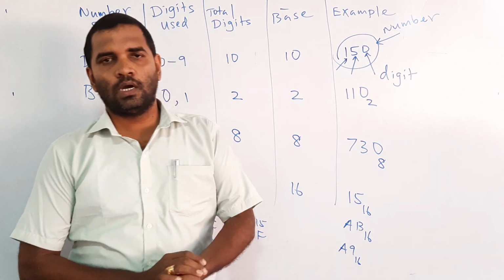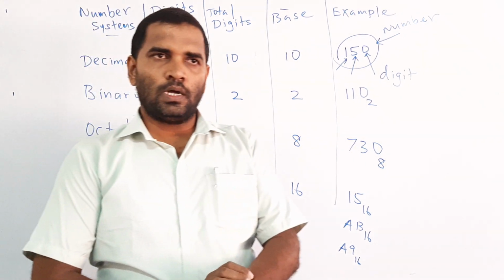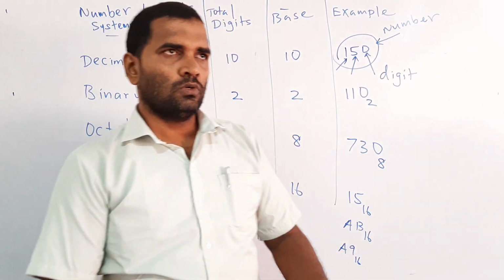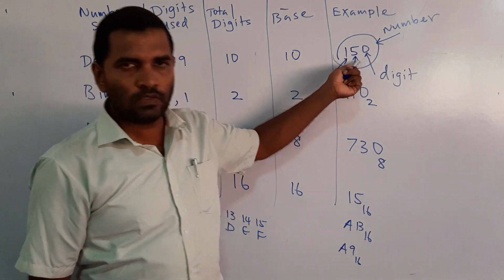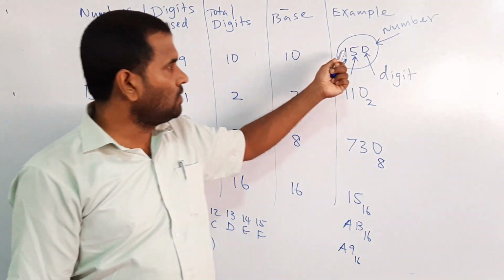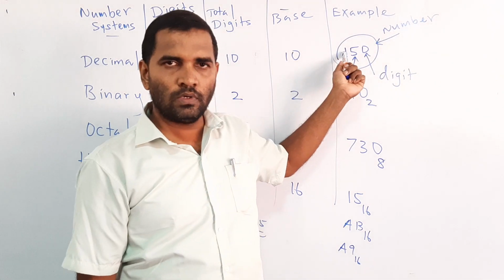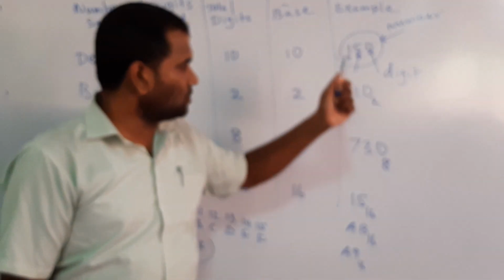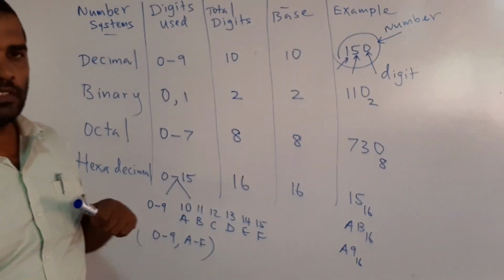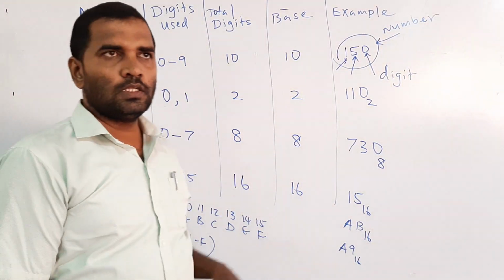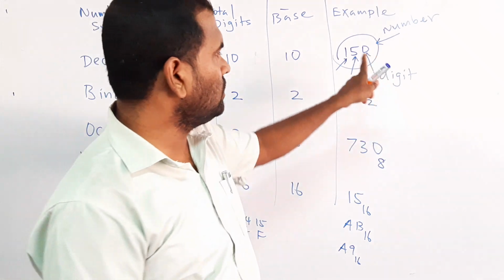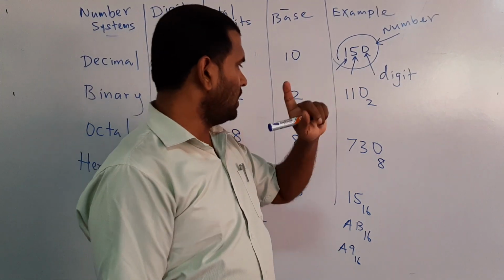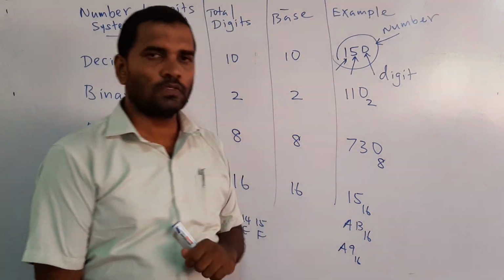Hereafter, we have to start an important part, that is conversion. So look here, 150 is a decimal number. This 150 should have a similar value in binary. This 150 should have a similar value in octal or hexadecimal. So we should be able to convert this 150 into binary, into octal, into hexadecimal.